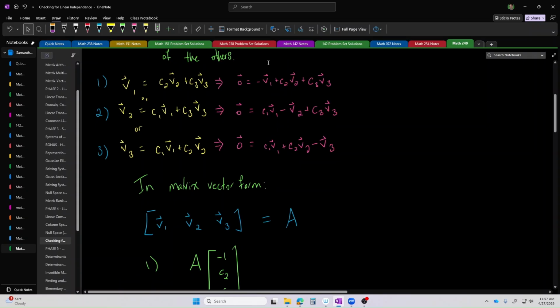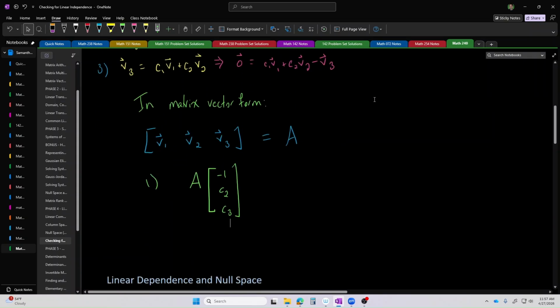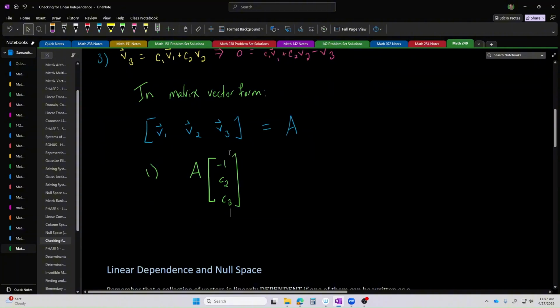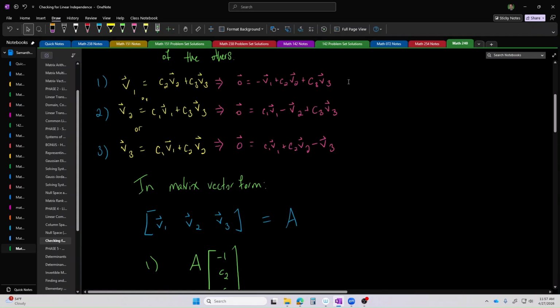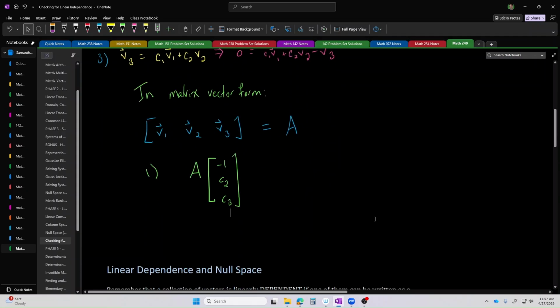Negative v1 plus c2 v2 plus c3 v3 is equivalent to the matrix vector product written right here, the columns being the vectors, and then these coefficients becoming this column vector here. This first statement would be this guy equals the 0 vector.